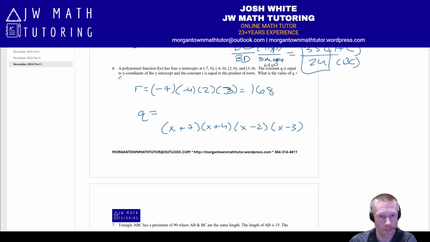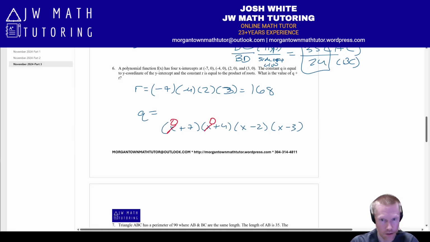So now, if you're going to find the y-intercept value, that just means for every x, you plug in 0. So notice what you end up doing here is for the y-intercept value, you technically end up multiplying the values.